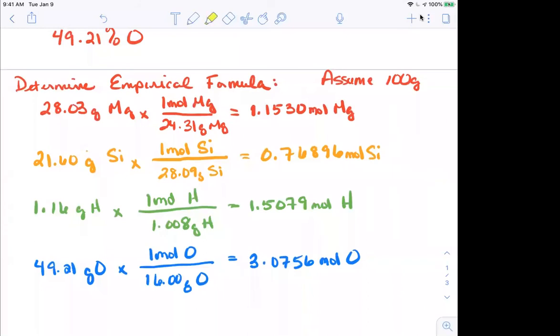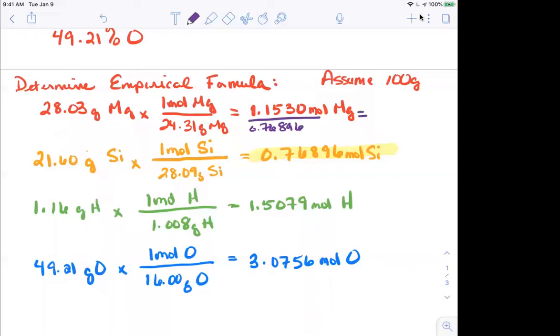And remember, I'm going to take the one that is the smallest, and I'm going to divide everything by that smallest value. So I divide this one, 1.1530 by 0.76896.